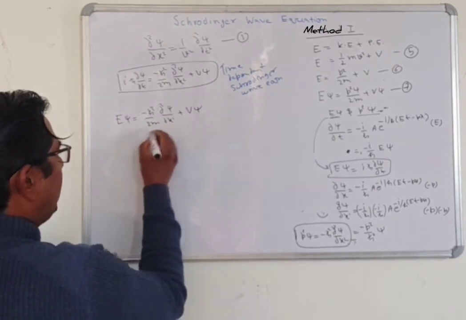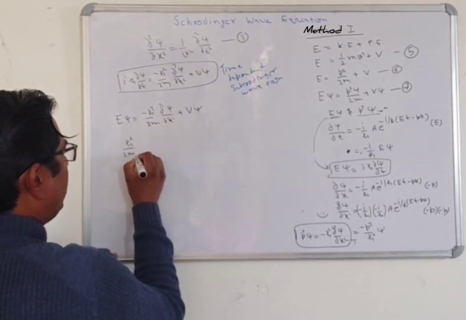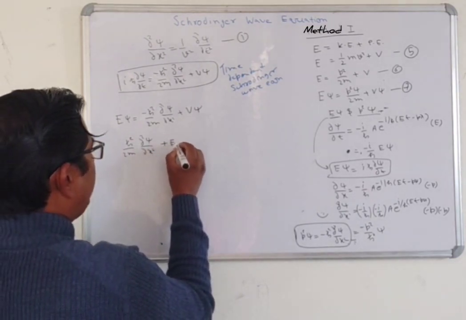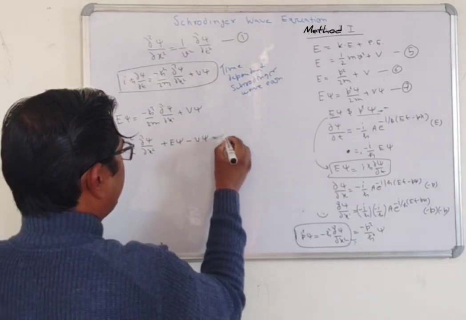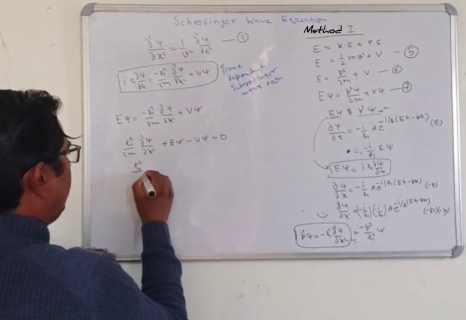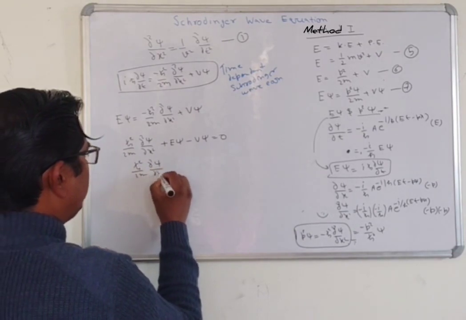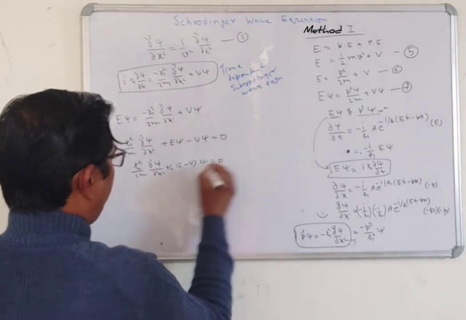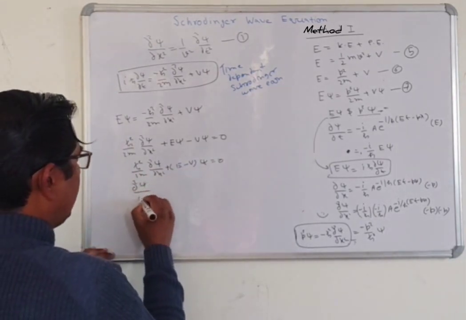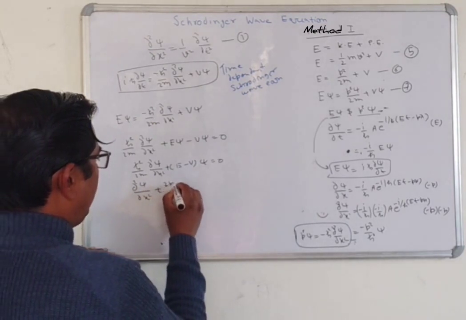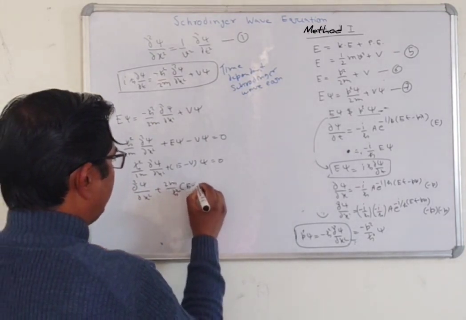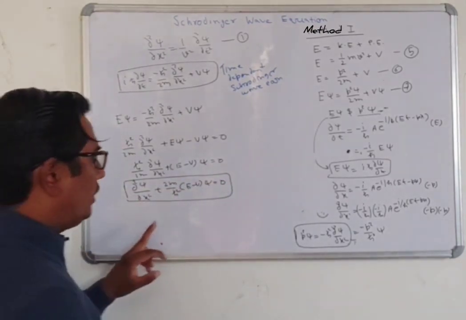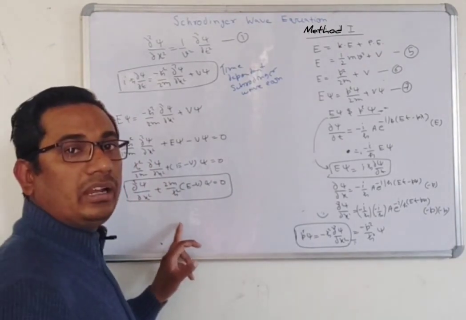Now we can write this equation like that: h cut square by 2m d square psi by dx square plus E psi minus V psi is equal to 0. Also we can write d square psi by dx square plus 2m by h cut square (E minus V) psi is equal to 0. This is known as the Schrodinger time independent wave equation.